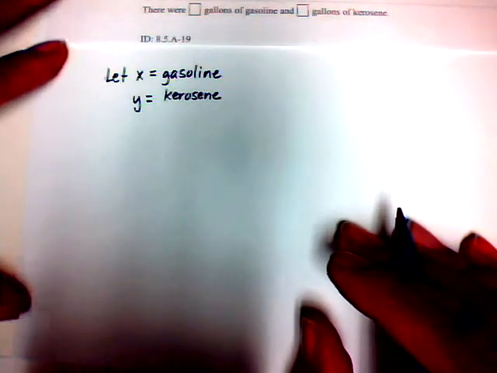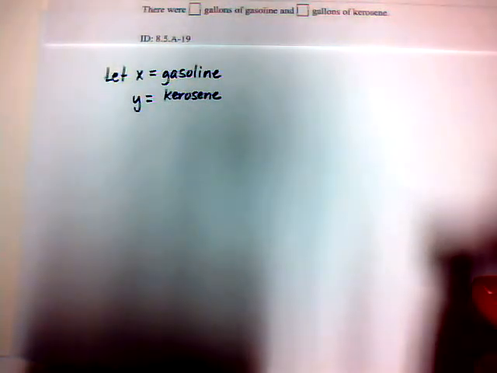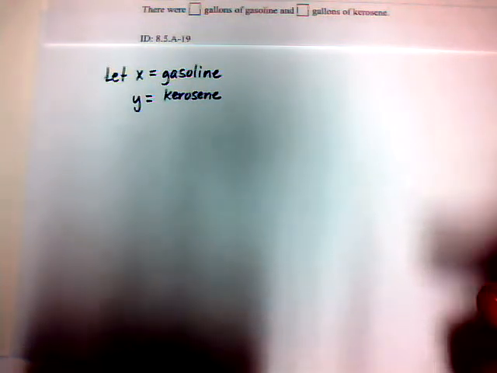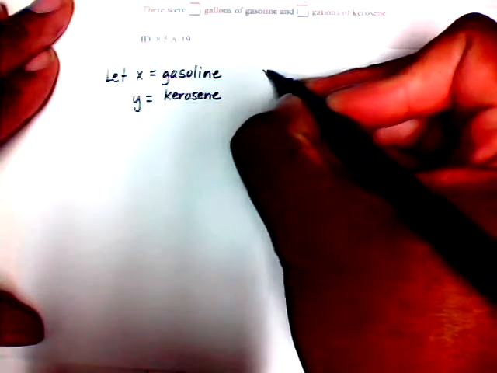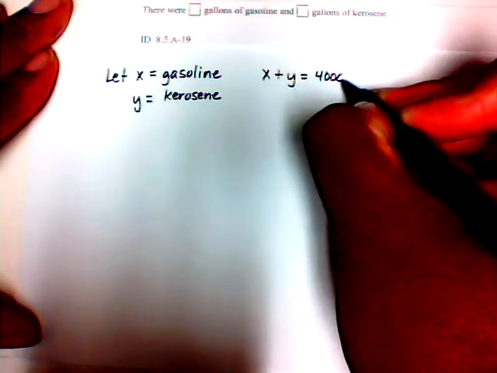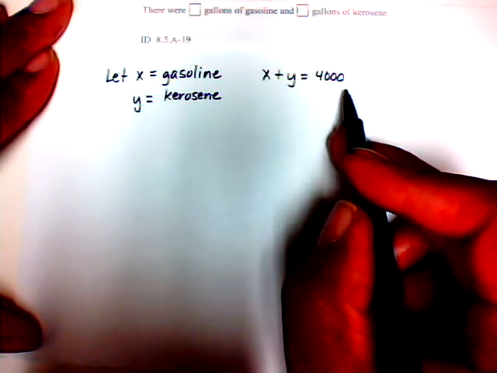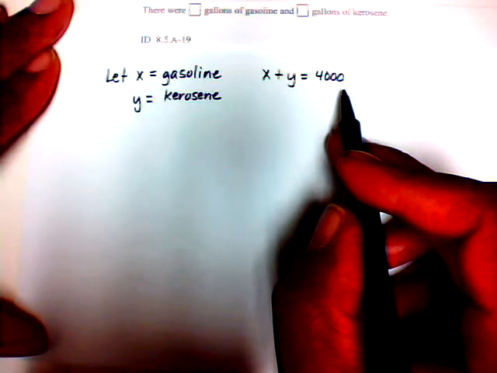Now, in the problem it says there was a 4,000-gallon oil truck, and it loads the truck with gasoline and kerosene. So that means one equation is x plus y is equal to 4,000. That's the number of gallons of gasoline plus the number of gallons of kerosene, equaling the 4,000.